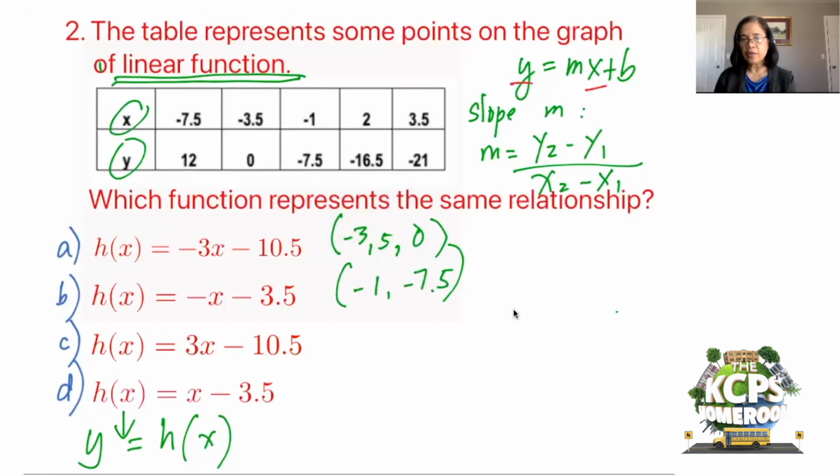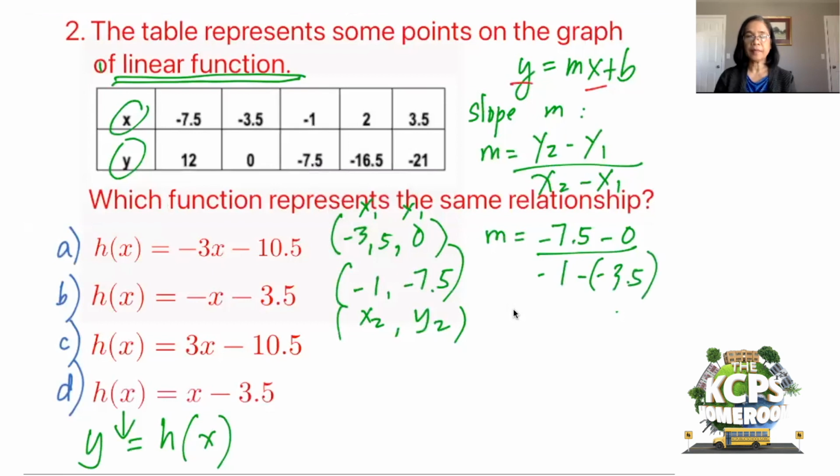So with these values, we're going to substitute and find the slope, m. So m equals, this could be our x sub 1, y sub 1, and this is our x sub 2, y sub 2. Y sub 2 is negative 7.5, minus y sub 1, which is 0, over our x sub 2, negative 1 minus negative 3.5. I'll stop here.